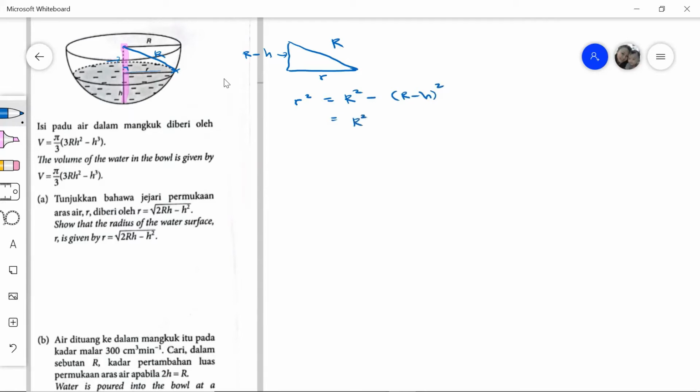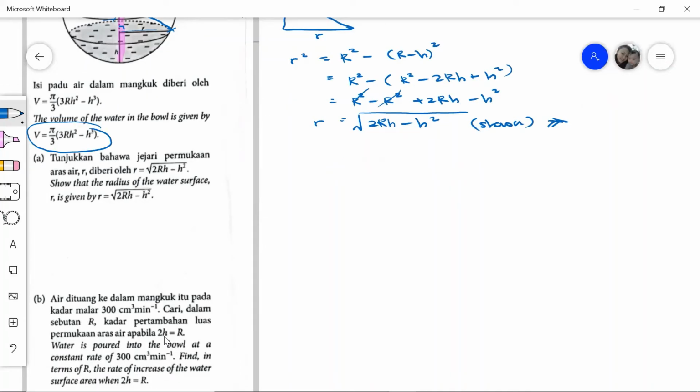Expand, so r squared minus r squared plus 2rh minus h squared, and therefore we just proved that R is equivalent to square root of 2rh minus h squared. So we have just shown.